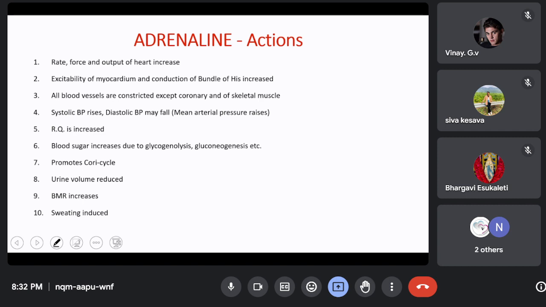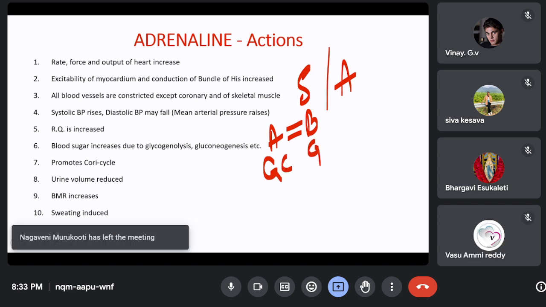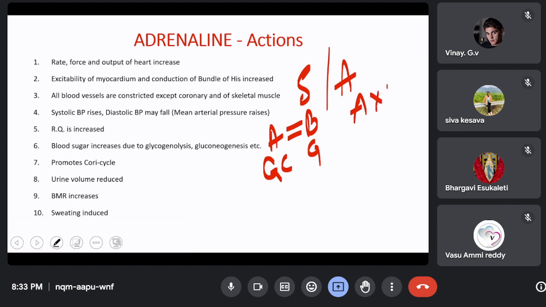In morning class, I've told you about two types of hormones, synergistic hormones and antagonistic hormones. Synergistic hormones, that means there are two hormones which are having same action, like glucocorticoids and glucagon. There are antagonistic hormones where there are two hormones which work opposite to each other.